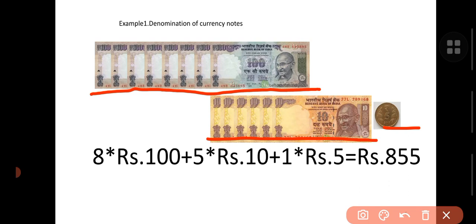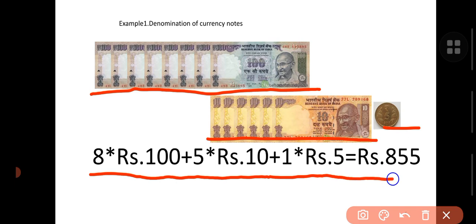So it can be written in the expanded form: 8 numbers of rupees 100 plus 5 numbers of rupees 10 plus 1 number of 5 rupees coin gives rupees 855.